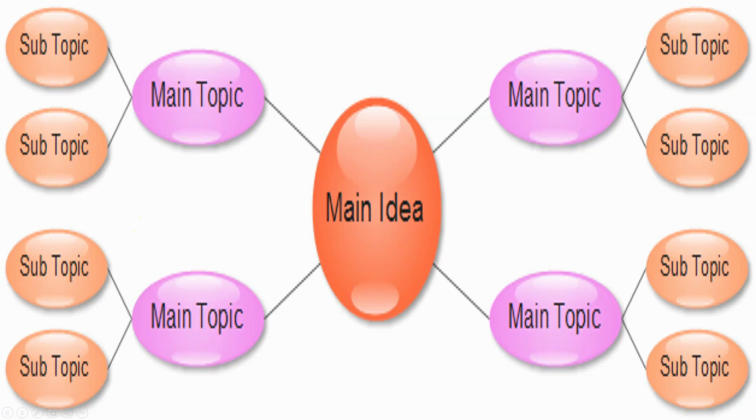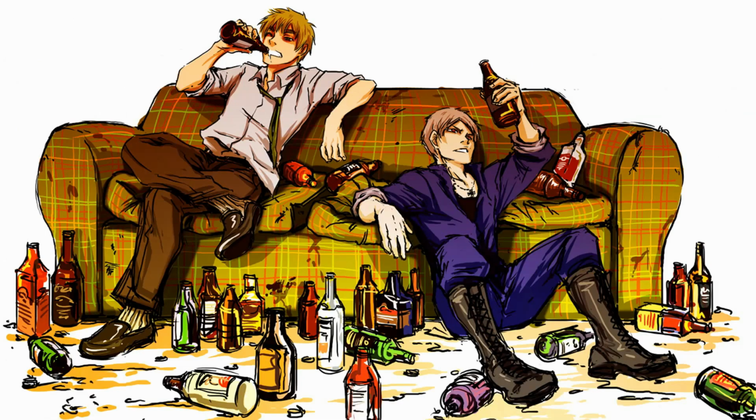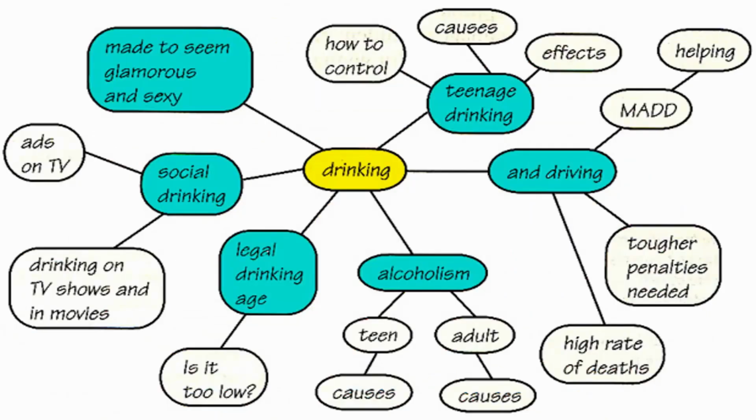Let's see an actual example. Let's say all you knew was that you wanted to write about drinking. Well, that's going to be a big book, so you have to find ways to narrow it down. Drinking, first level.